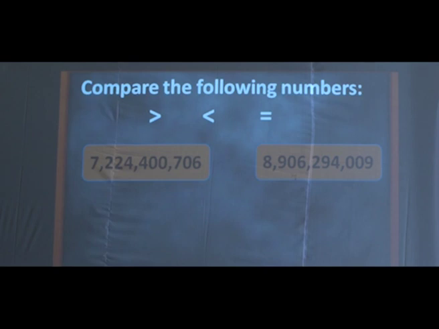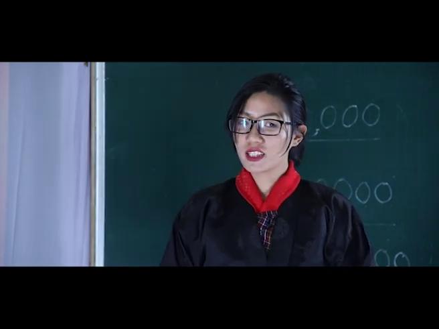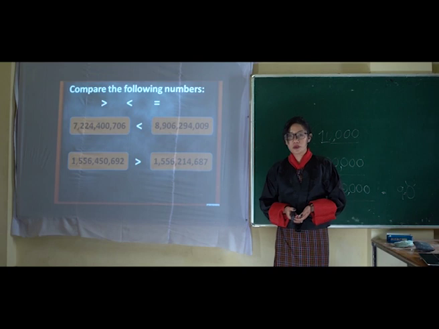Do you have your answer? Yes. 8,906,294,009 is greater than 7,224,400,706. Did you understand this lesson? Did you understand how to compare numbers?